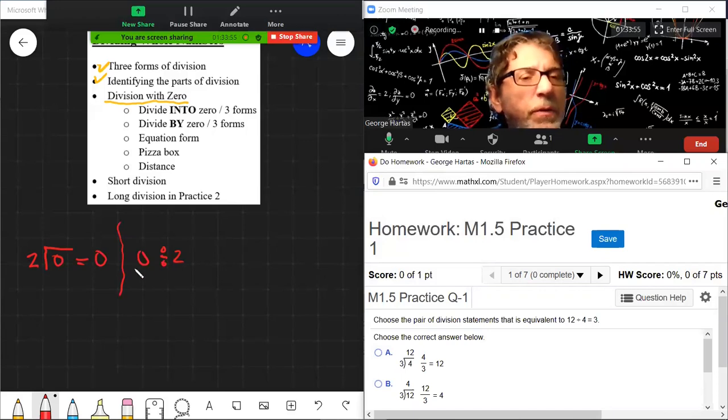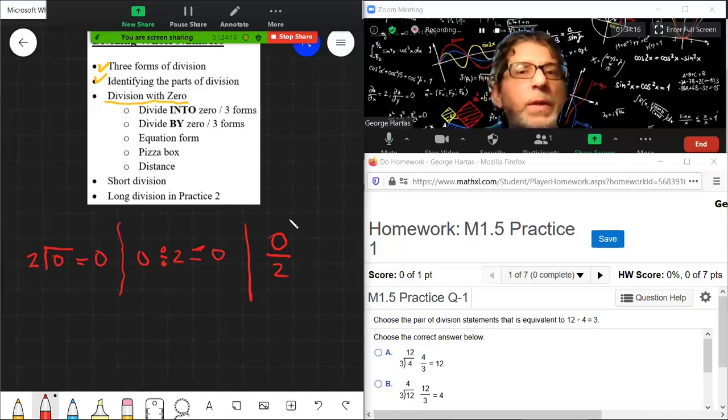You have to be careful of the verbiage so you don't mix these up. 0 divided by 2, and we know the answer is 0. Then finally, we have this format, 0 divided by 2. You can think of this fraction as part over the whole. You'll see that in Math 50.